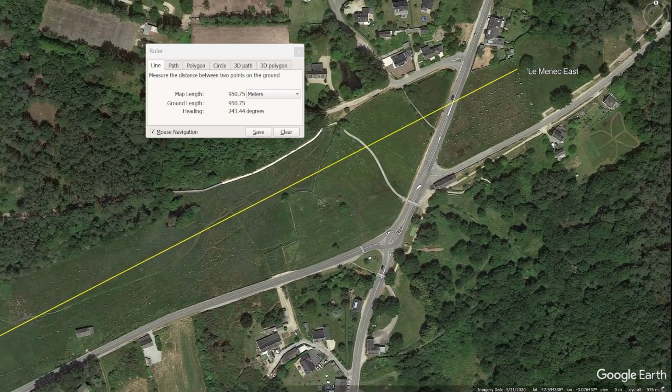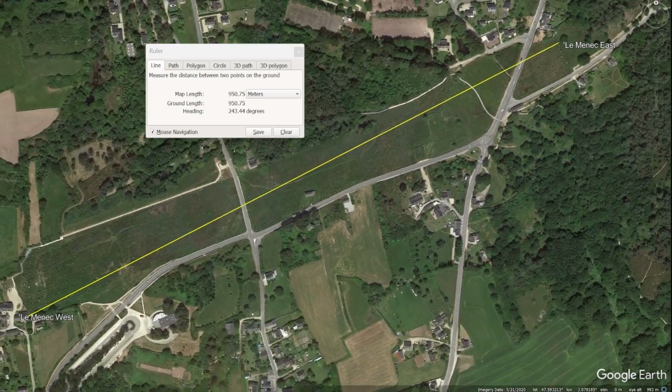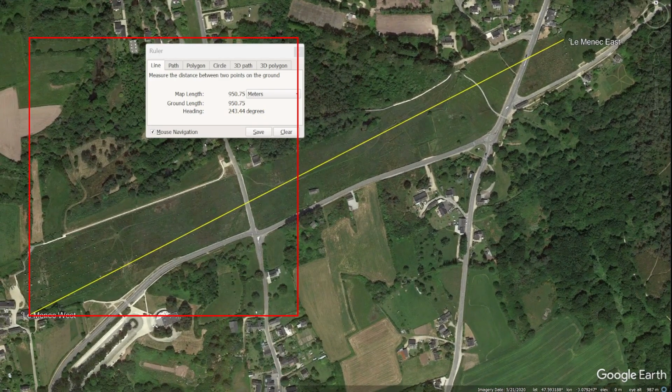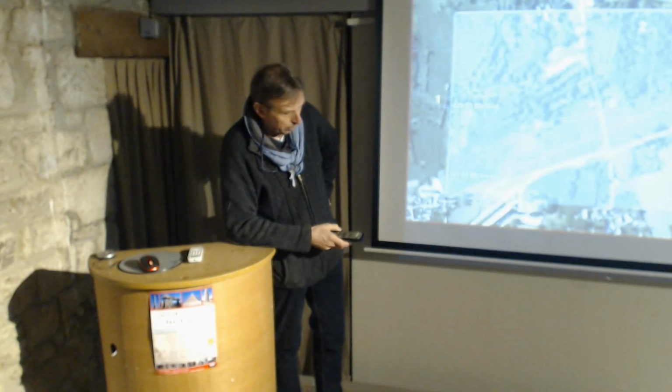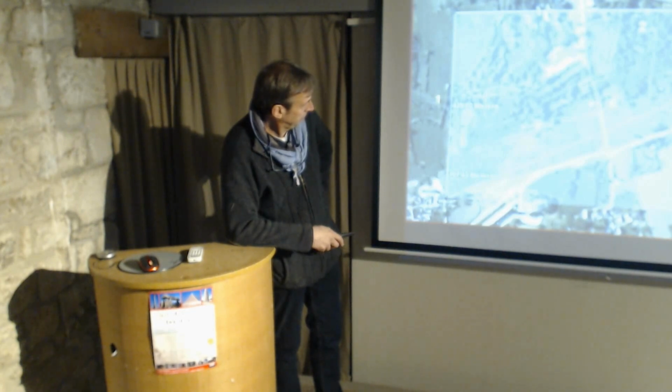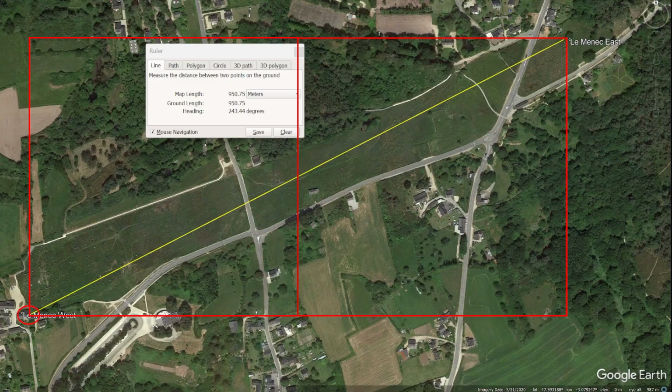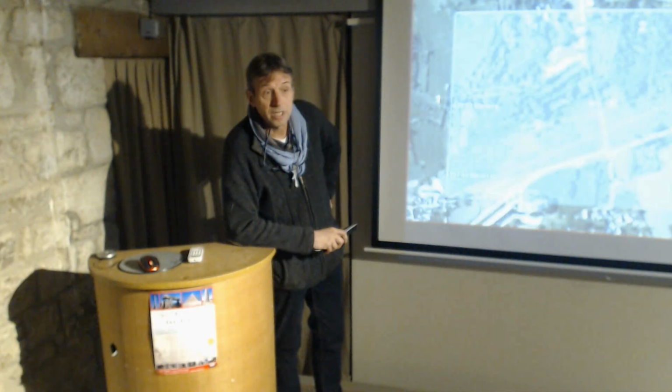So if you put two squares here, you actually link the Menec East to the Menec West by a double square. From the same stone, you see, from this same stone here, which we use to link up to Kermario for the triple square. So this is very, very precise.